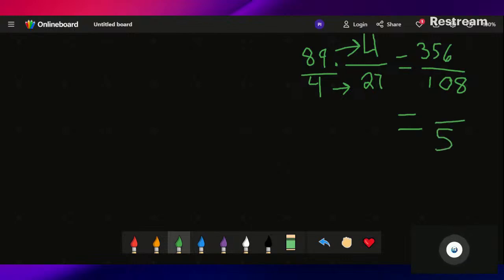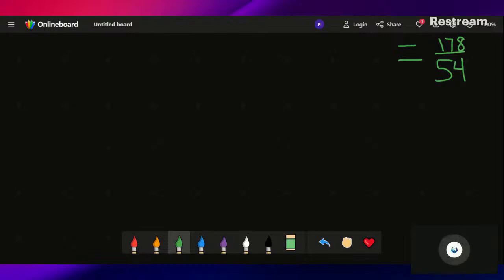The denominator, we're going to reduce to 54. We're going to divide it in half. And the next one, we're going to take this down to 178. We probably could divide by half again, because these are both even numbers, but we're going to just leave it at that. It's optional because we're going to get the same answer.